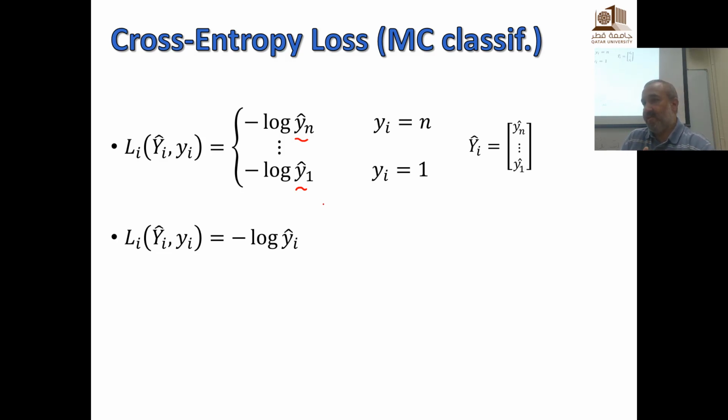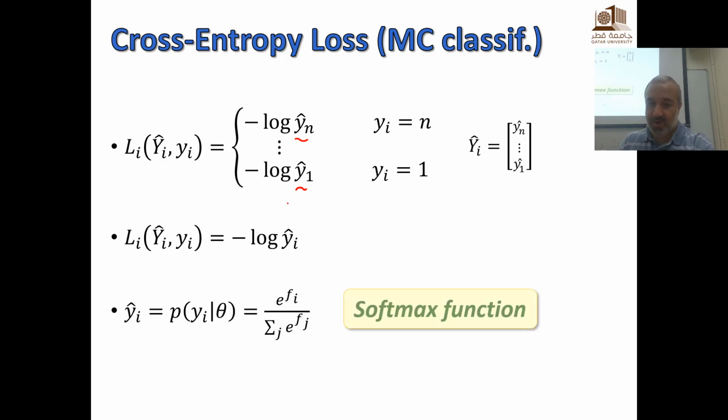It's just a real value. It can be any value if we don't apply any activation function at the output layer, which is commonly done. So if we want to apply this loss function on neural networks, we have to convert the values of the output layer to probabilities. And this is one commonly used way to do it, which is the softmax function.